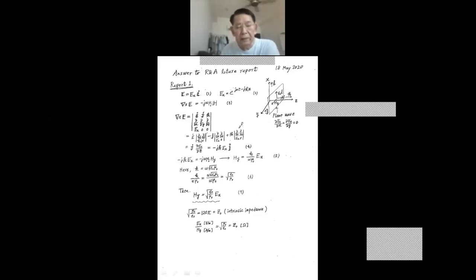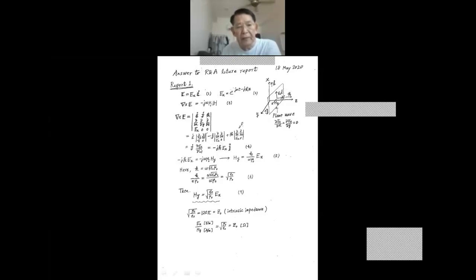Here, for the I vector, this matrix becomes 0. And for this one, this calculation becomes: d/dx is 0, and dEx/dz is minus.